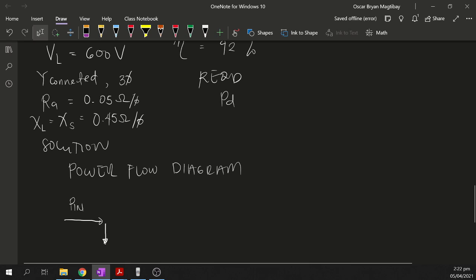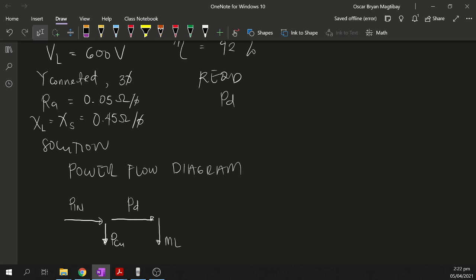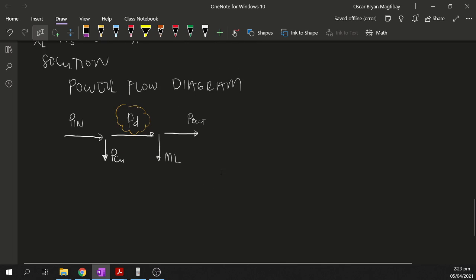Then, the loss na mababawas sa P in is yung tinatawag nating copper loss or PCU. Which results now to what we call power developed. At kung meron man tayong mga mechanical losses, ang talagang magiging output ng ating motor or the power at the shaft is what we call now as P output. Pero ang hinahanap po sa atin is ito. So, paano po natin susolvin si PD?